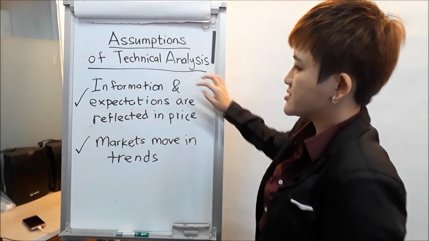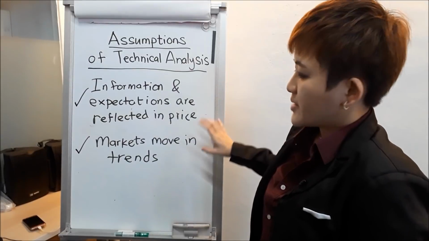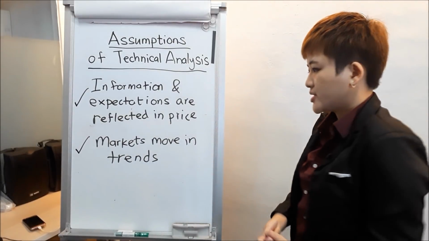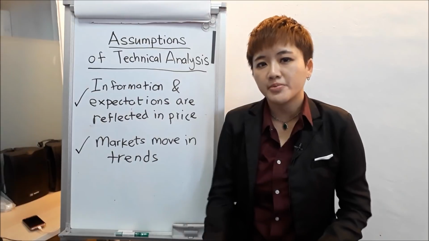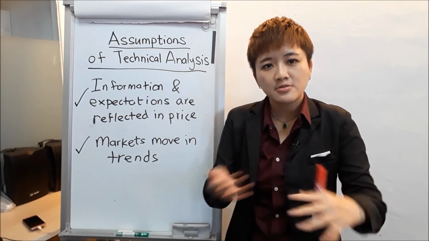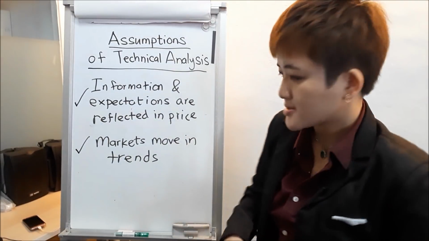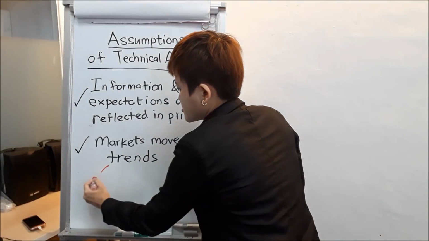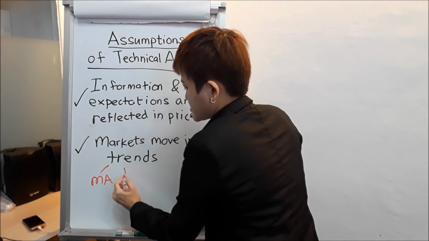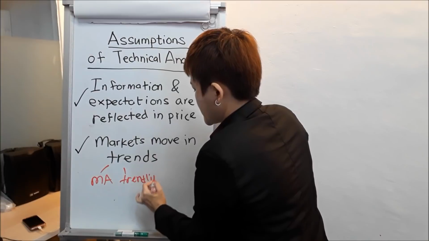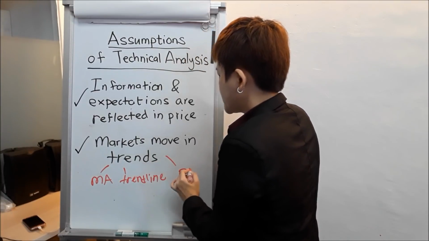The other two assumptions, this one already talked about just now. Market moves in trends. That is why trend following strategies are really popular, and popular trend trading indicators. A lot of people will use moving averages as well as trend lines, and of course add that with price action.